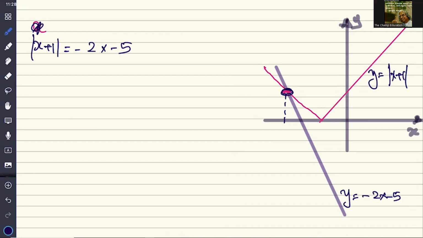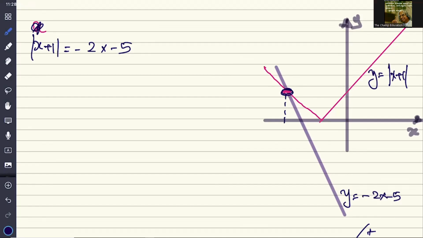So what we can do, we can look at both graphs and where they intersect and what sort of graph they have. If you look at y is equal to minus 2x minus 5, that graph has a negative gradient, because a positive gradient always goes like this. The negative gradient is always going like that. So you can see that has a negative value. And also, if you look at the modulus graph, that also has a negative gradient.